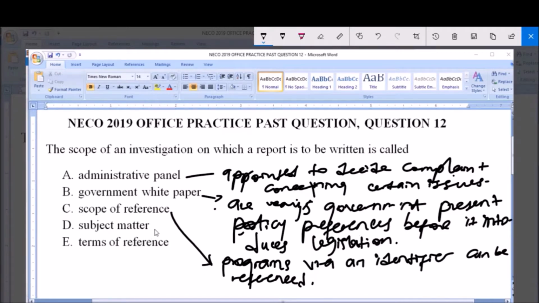Now, D is subject matter. Subject matter is the scope of an investigation on which a report is to be written.